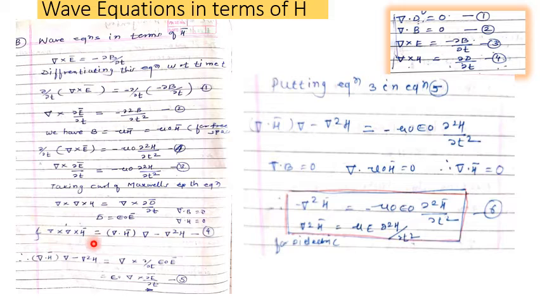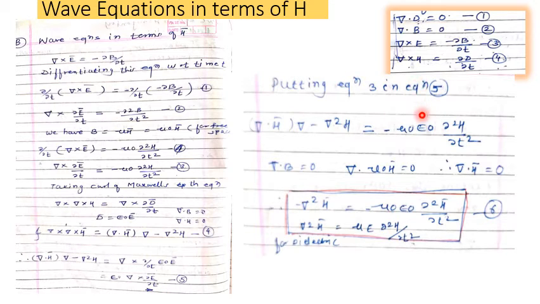Therefore del cross H, we have to use the vector identity again: del (del dot H) minus del square H. So del (del dot H) minus del square H is equal to del cross of del by del t of epsilon 0 E. The value of D is filled in as epsilon 0 E. Therefore epsilon 0 del cross of del E by del t.